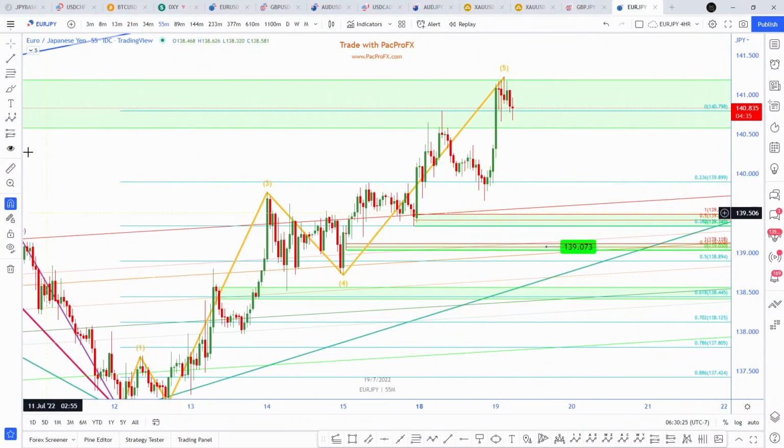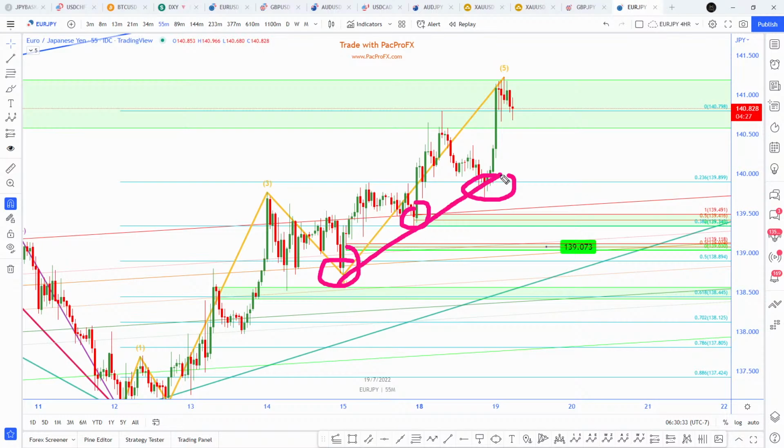Has not taken out any lows. So this low, this low, this low has not been taken out. It's just extended. And this may just keep on going. We need to see these lows taken out.